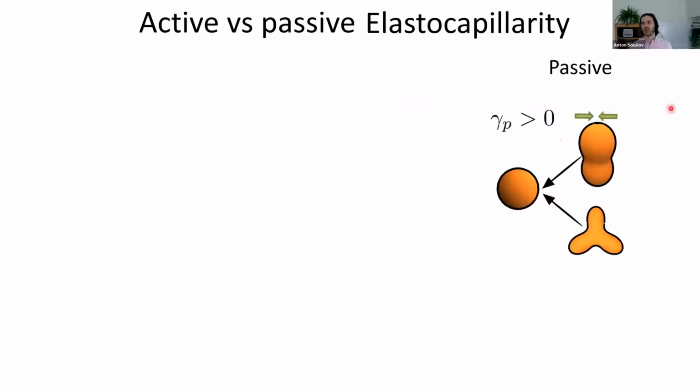To phrase it in other ways, we know that in a passive medium, a positive surface tension will always favor the same shape, no matter what shape you start out with. No matter what your initial geometry, if you have a positive surface tension on the surface, you will always want to go towards a sphere.